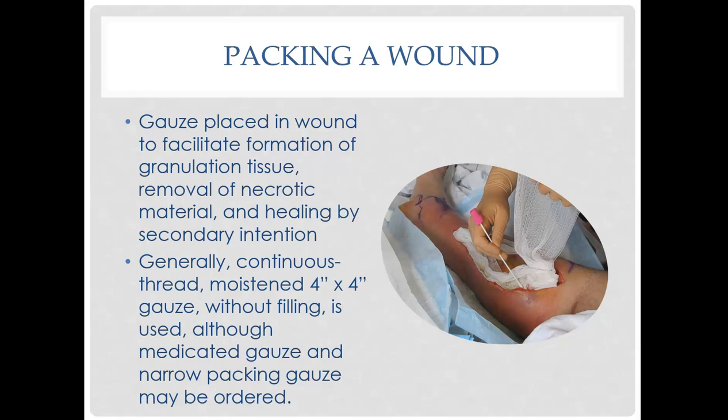So we may have to push some of that gauze into the areas where it's tunneled or undermined under the skin, okay? So you've got this moistened and then once this is all in there, you'll do probably some dry gauze and then some kind of other occlusive dressing to go over the top of it.